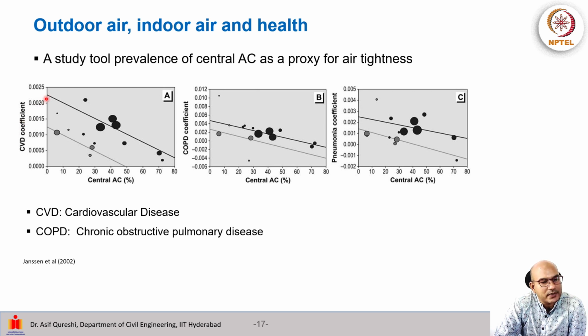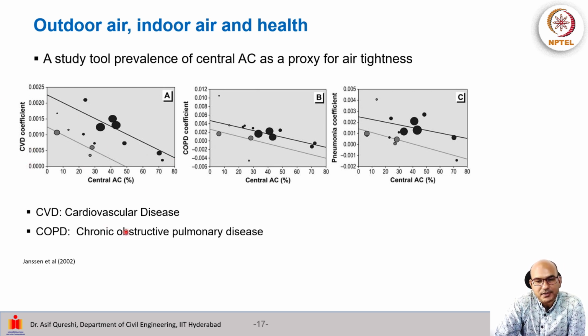And it was found generally that as we have more central AC, which means more air tightness in the building, which means less outdoor air coming indoors, the coefficient for cardiovascular disease, CVD, decreased, which means yes, if you have more airtight buildings in these situations, less outdoor pollutants were coming in, and the people had a lower CVD coefficient.